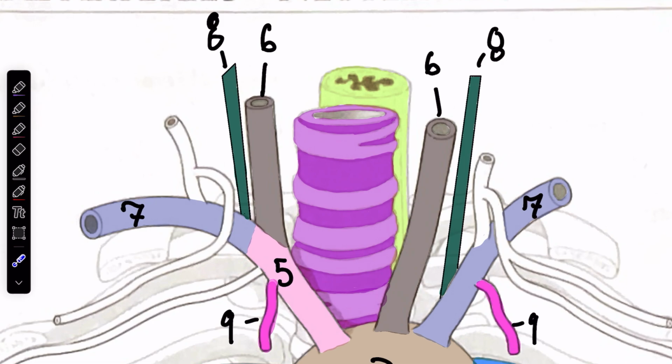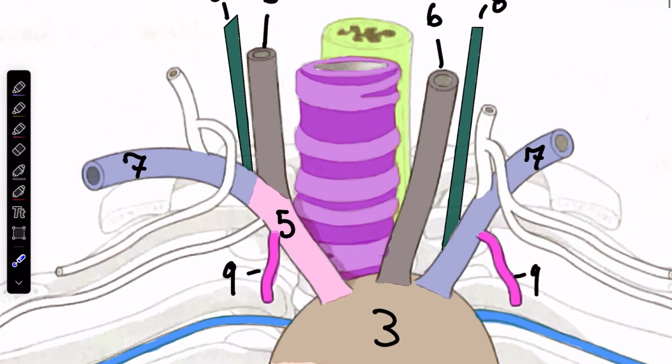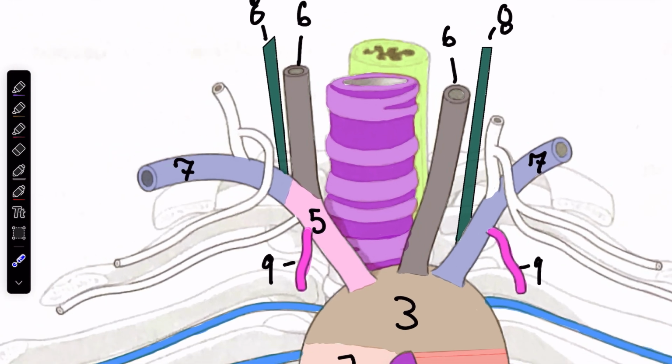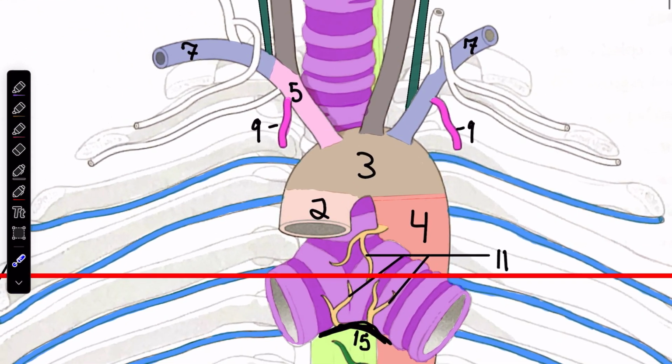What's important for you to remember is you have this vertebral artery coming out of number 7, which is supposed to be number 8 right there. But then we also have our lymph system draining into the subclavian, if you remember that from a previous video.